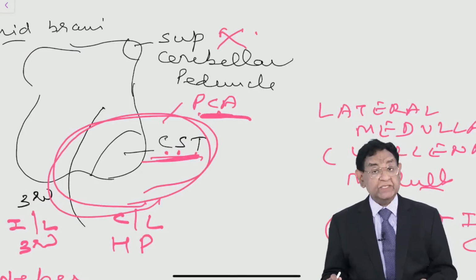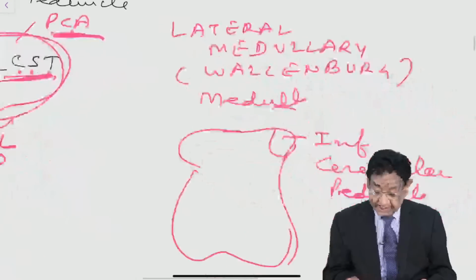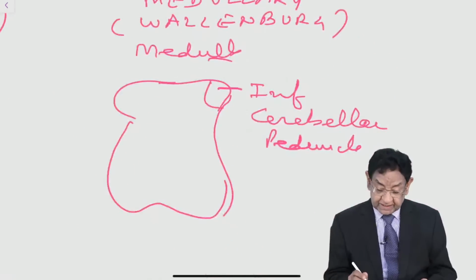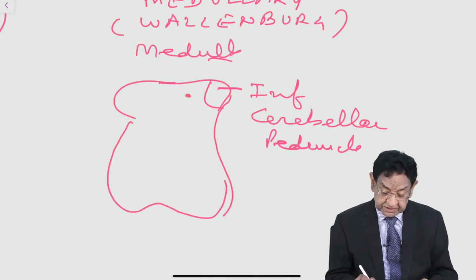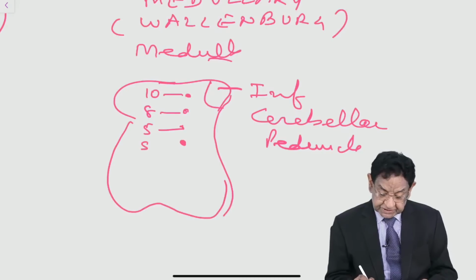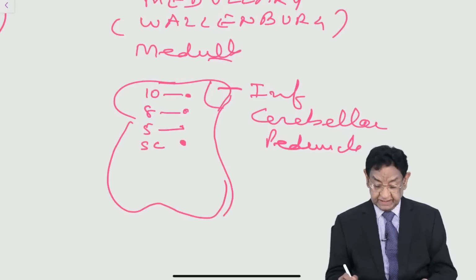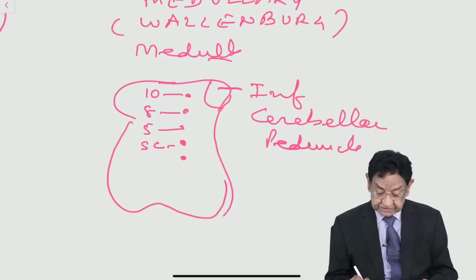Superior cerebellar peduncle was not involved. But here, inferior cerebellar peduncle, this is the 10th nerve nucleus, 8th nerve nucleus, 5th nerve nucleus, sympathetic chain, and here is the spinal lemniscus.